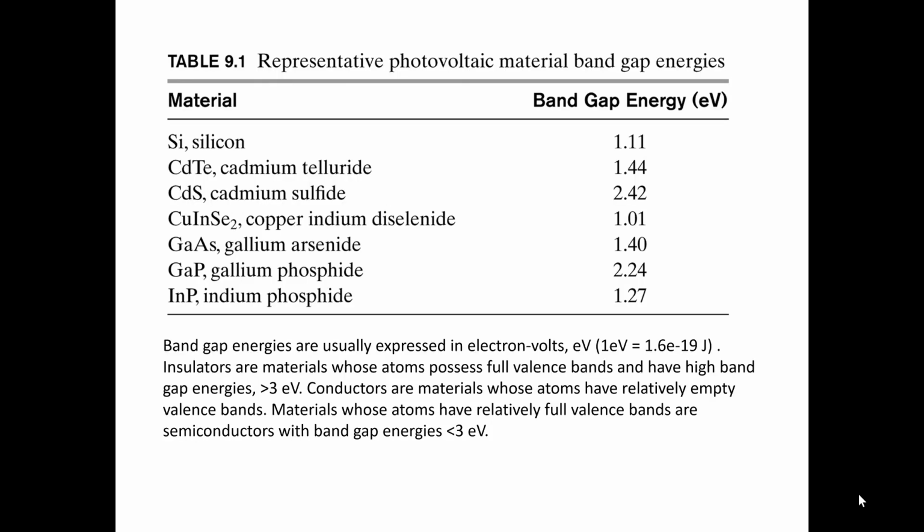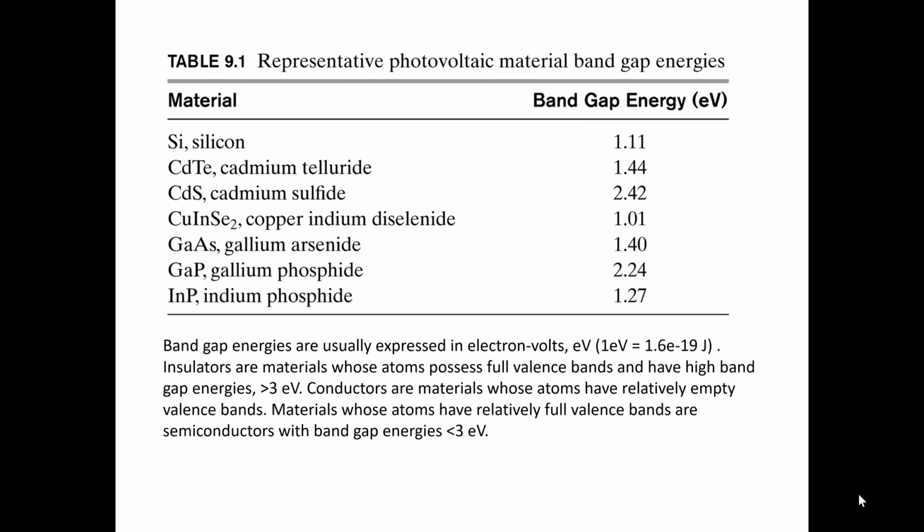This table gives you an idea of representative photovoltaic material band gap energies, starting with silicon at about 1.11 electron volts, all the way up to indium phosphide. These band gap energies are usually expressed in units of electron volts.